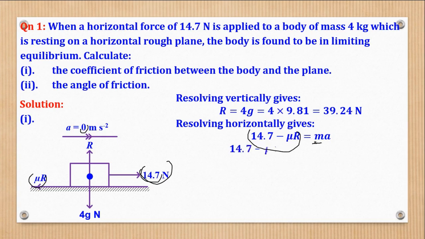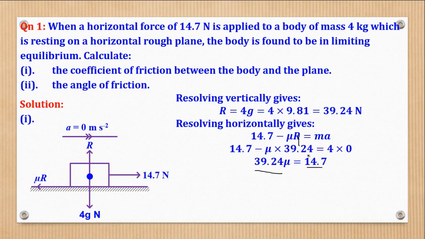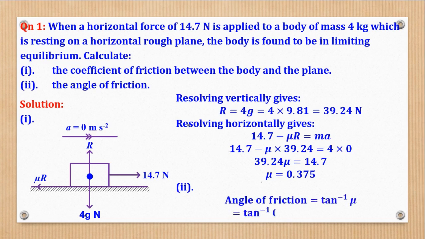Then we shall substitute for a as 0 and R as 39.24. Therefore, this will now be equal to that, to give you the value of μ as 0.375. (ii) The angle of friction. Now that we know μ, the angle of friction will be arctan μ, which will give you this.